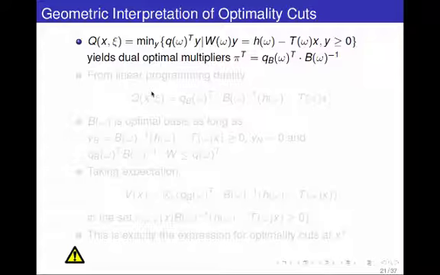We covered this theory when we were doing the linear programming theory in lecture 2. You can remember this as the recipe for computing dual optimal multipliers. You tell me the optimal basis, the dual optimal multipliers are the coefficients of the basic variables transpose times B inverse. You can refer back to the theory to confirm this.